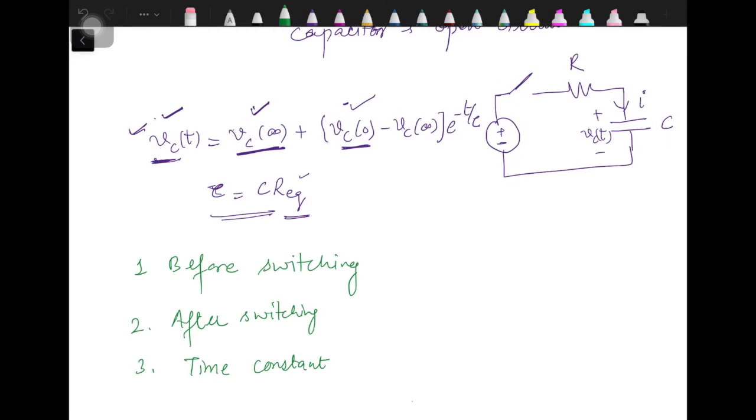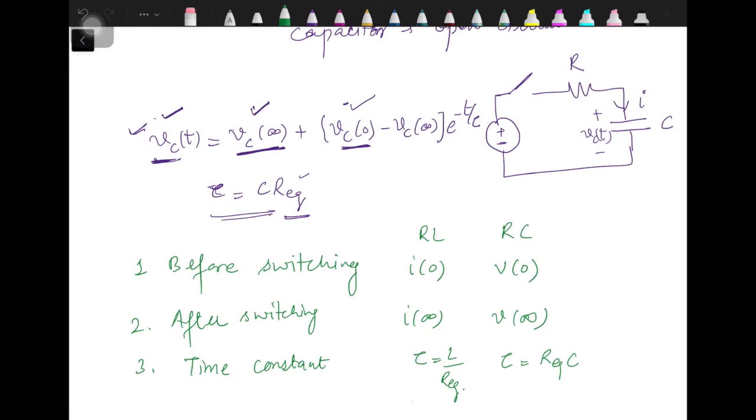Before switching, in case of RL circuit we need to calculate I0, in case of RC circuit we need to calculate V0. After switching we will calculate I infinity in case of RL circuit, in case of RC circuit we will calculate V infinity. And here we will calculate tau, which is equal to L by R equivalent. In case of RC, it's R equivalent into C.